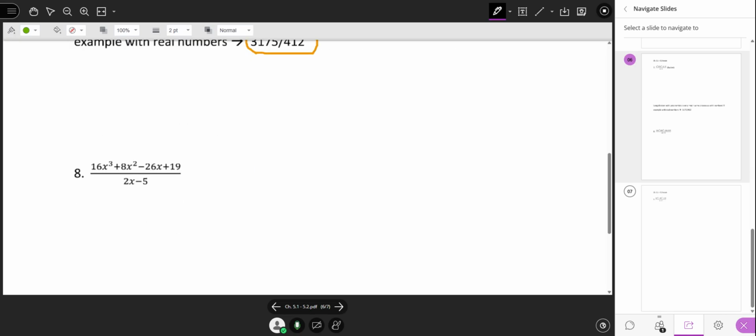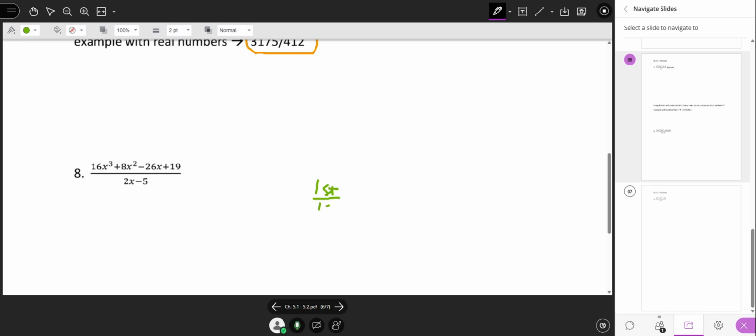But here's my process, and I want you to do this, okay? Will it be a long process that kills a lot of trees? Yes, it will. But it will keep you from getting it wrong.